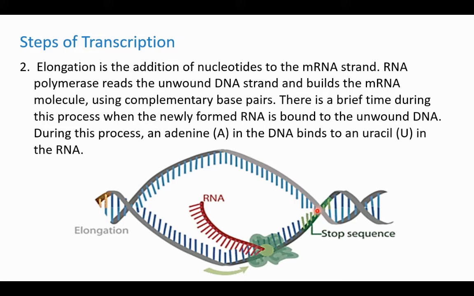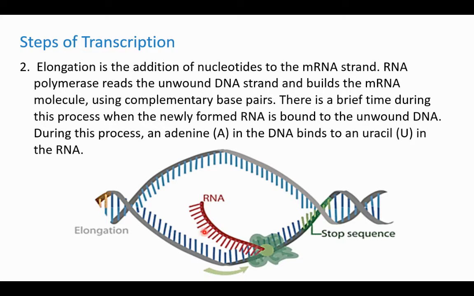As the RNA polymerase travels along and reads our DNA, it reads the complementary sequence for the RNA. As it reads while passing through, it will produce your RNA, as you can see here on the slide.